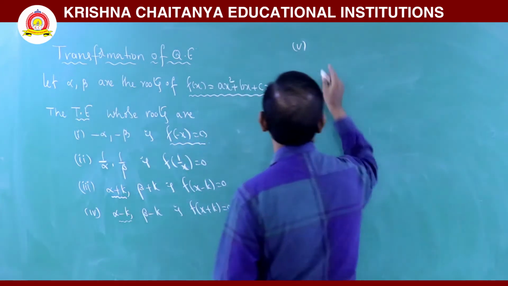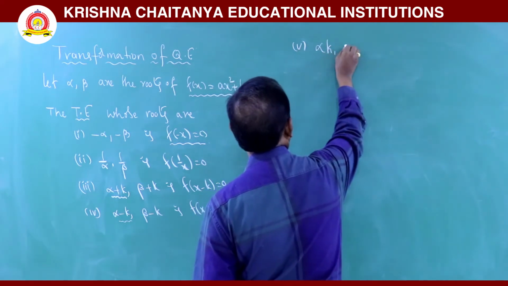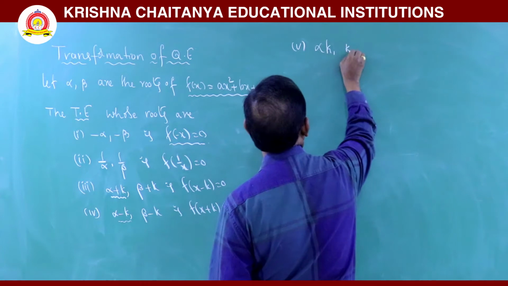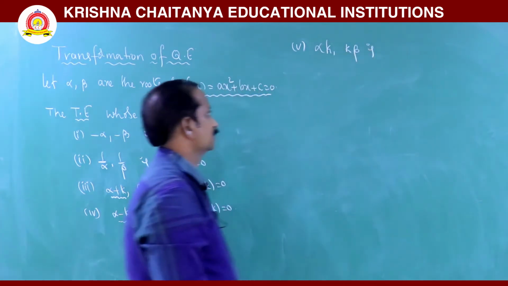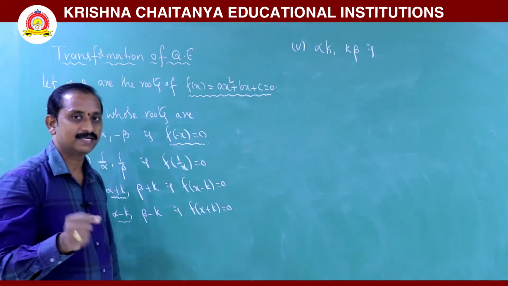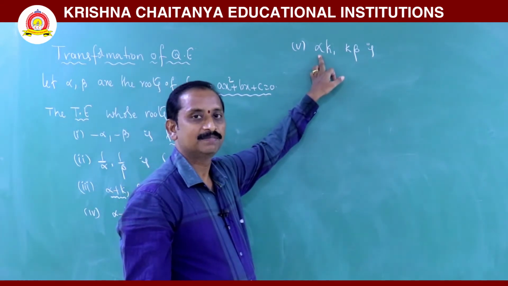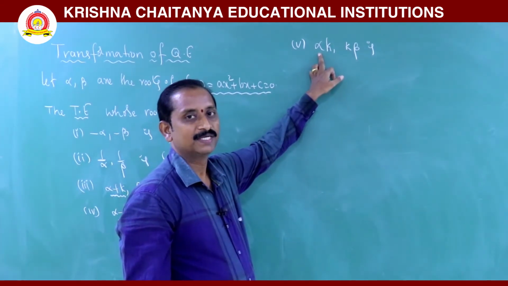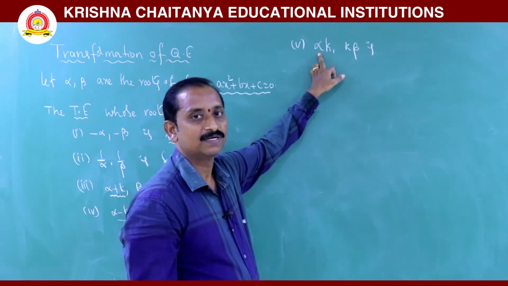So we need the transformed equation whose roots are k alpha, k beta. How to get the solution? Indirectly, the transformed equation is multiplication, and reverse multiplication is division. So I hope the required answer is f of x by k is equal to 0.